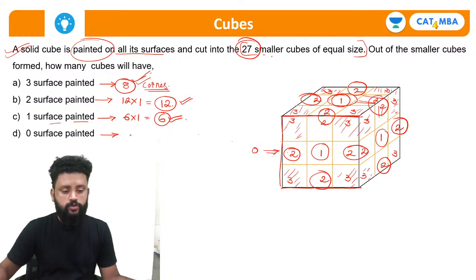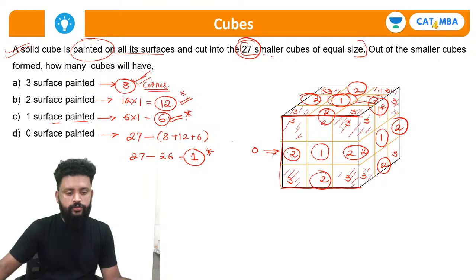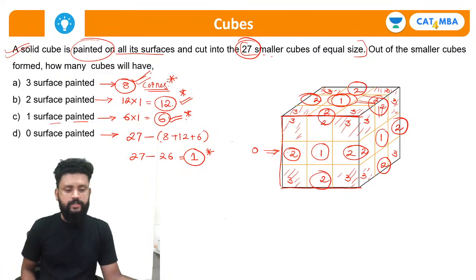So 27 minus the colored cubes, how many are colored? 8, 12 and 6. So 27 minus 26, you will have one cube which will be 0 face painted. Hopefully you understood this. Is there any doubt, Shubhankar? Let me know in the comment if you understood this part.